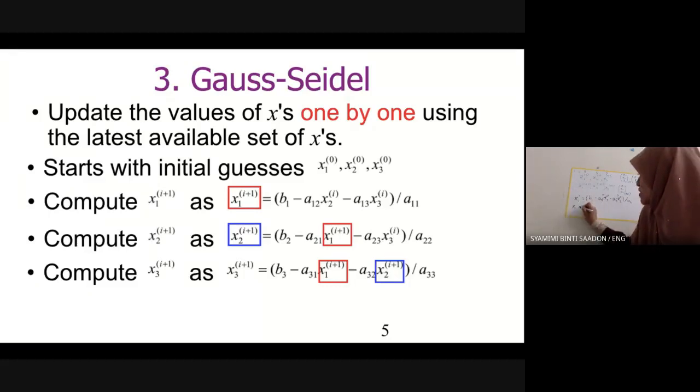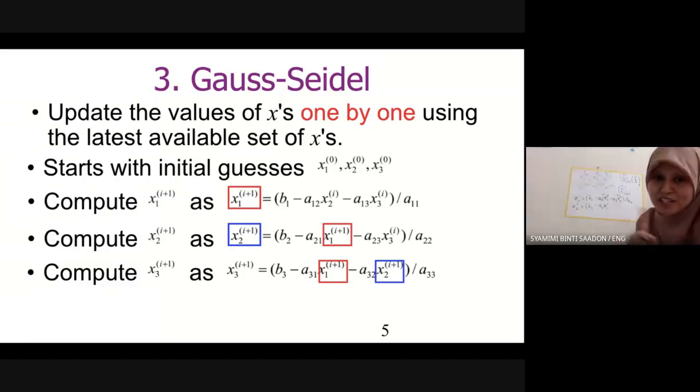Now x2 step 1. By using the Gauss-Seidel method, you write B2 minus A21 x1, where x1 is the x11 that we have found just now, previously. So this is x11.